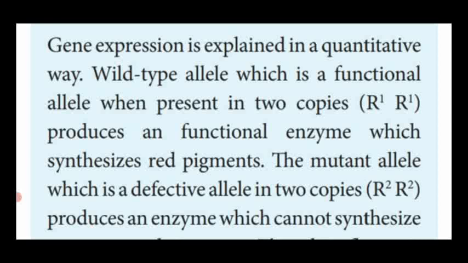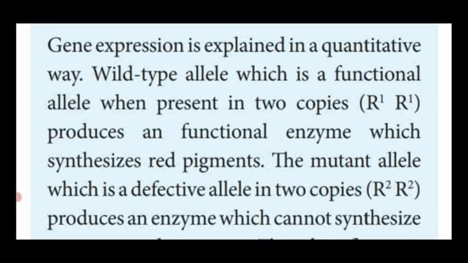Dear students, gene expression is explained in a quantitative way, that is, how much gene expression is explained in the cross. The wild type allele, which is a functional allele, when present in two copies, produces a functional enzyme which synthesizes red color pigment.